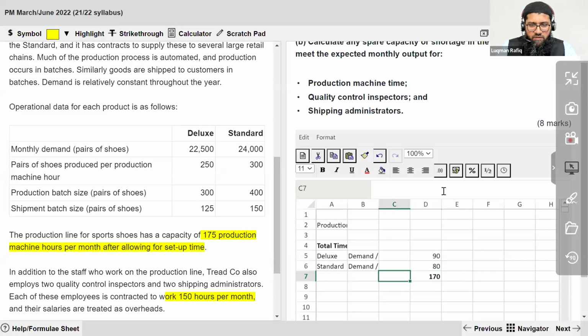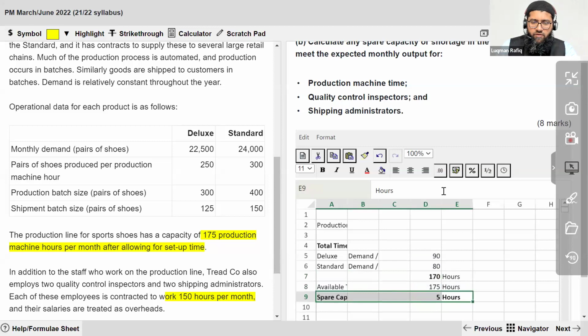This plus these 170 hours. Available time is 175 hours. Spare capacity is this minus this, 5 hours.